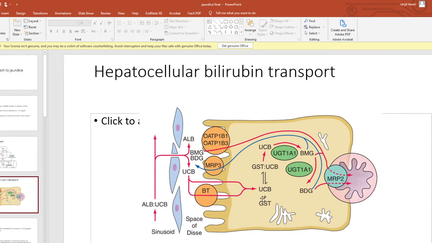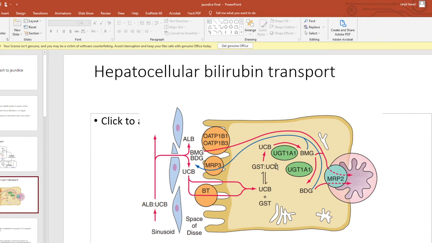Here it is bound to GST, glutathione transferase, and exists in equilibrium with GST. Why does binding occur with GST, do you know? To trap the unconjugated bilirubin inside the hepatocyte, otherwise it will leak outside again.